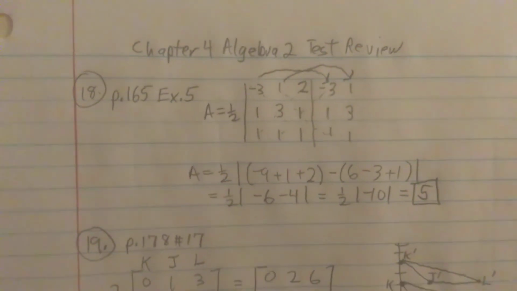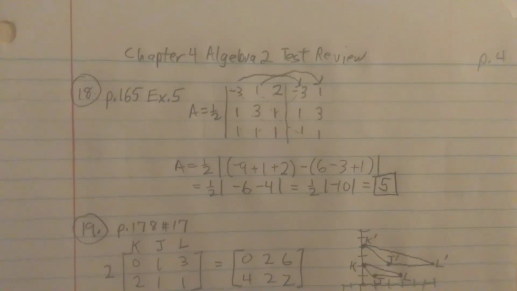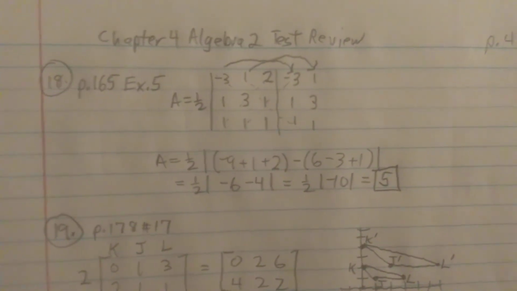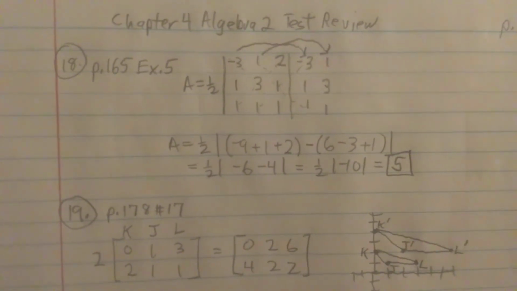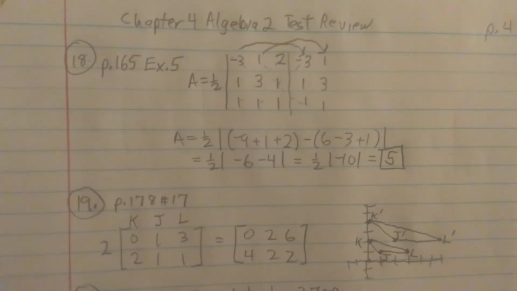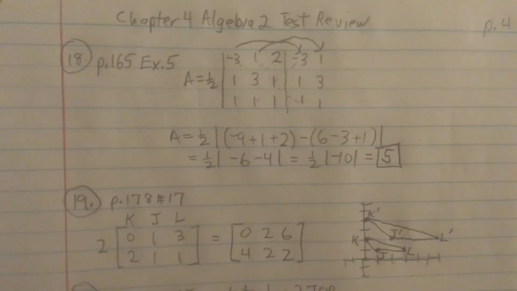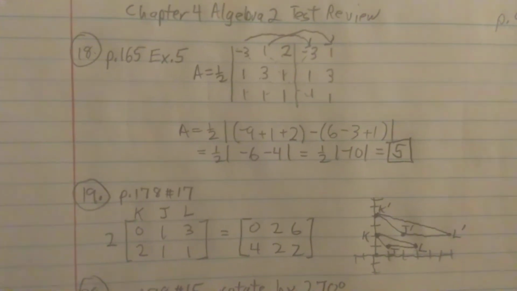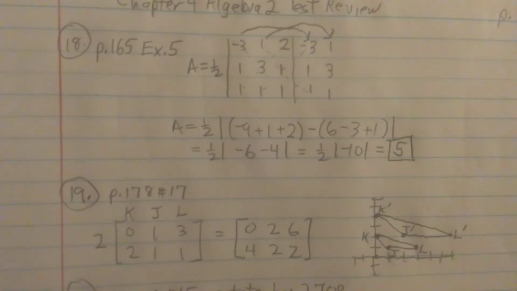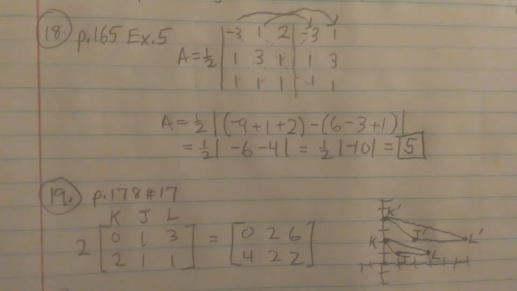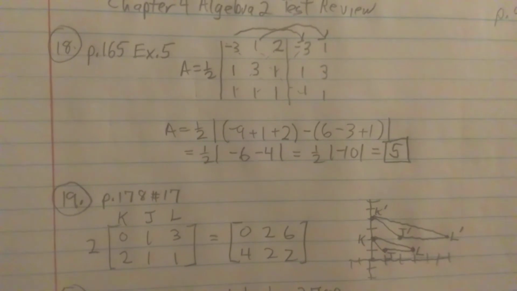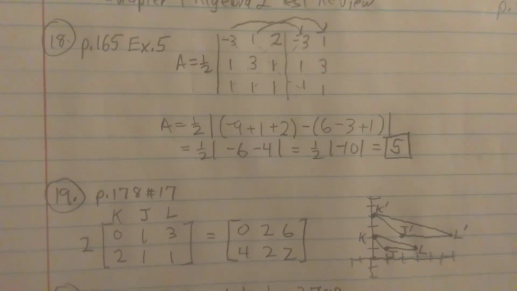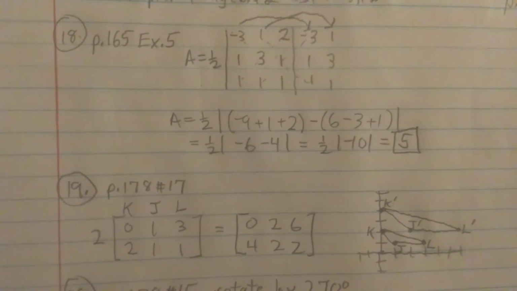Now, problem 18 is taking the area of a triangle which has points on page 165, example 5, has points -3, 1, 0, 3, and 2, 1. And to get the area of the triangle, we take half the absolute value with the third row as 1, 1, 1. So again, we replicate the first column as the fourth column, and the second column as the fifth column.